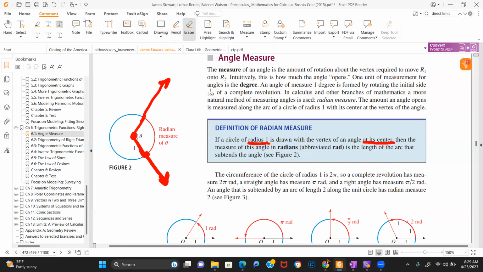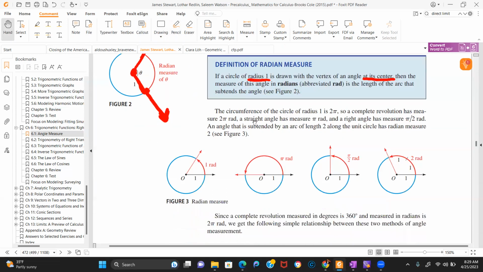So I don't think there's actually much more I need to do. Oh, so now, we're more familiar with degrees, so it would be nice to have a way of converting angles measured in radians to degrees, so we can get a sense of what these radians represent.